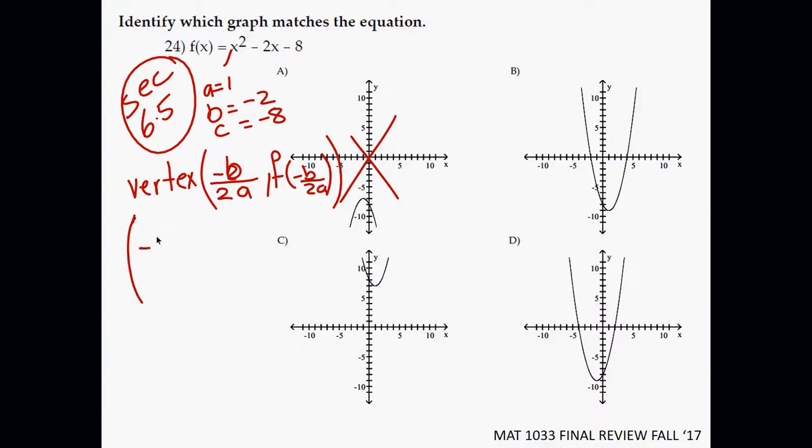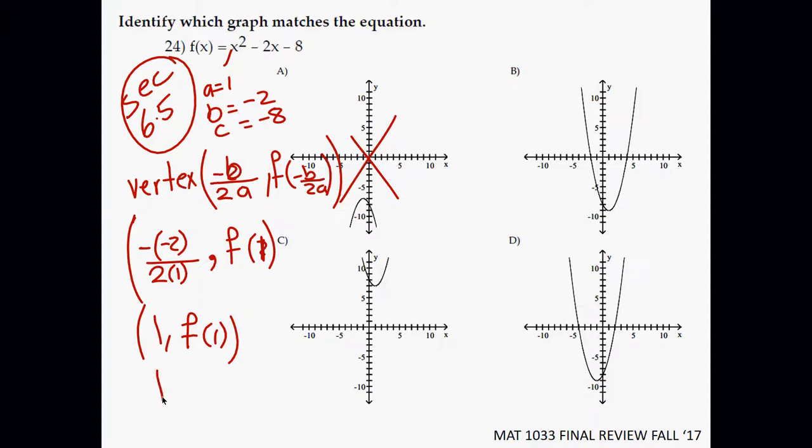Negative b will be negative 2 over 2 times 1. If I simplify that, it will be f of 1. So it will be 1 and f of 1. If we plug the 1 into the equation, we get 1 squared minus 2 times 1, which is negative 1, minus 8, negative 9. So the vertex will be 1 and negative 9.